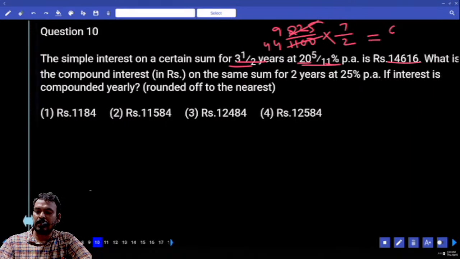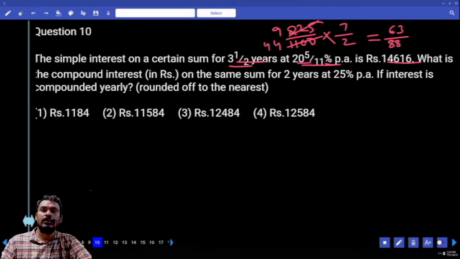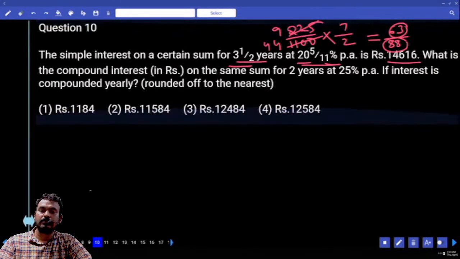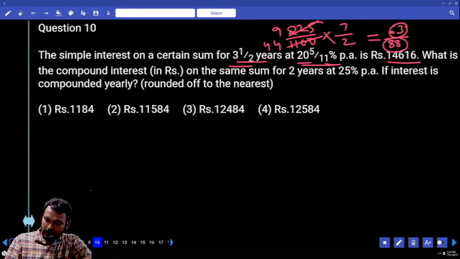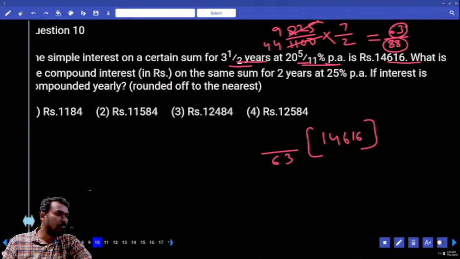What value do you get in the numerator? 63. The denominator is 88. What is the meaning? Out of 88 parts, interest is how many parts? 63 parts. The value of 63 parts is already given, how much? 14,616, yes or no? We get the 88 parts value, and that is principal or amount? Principal.